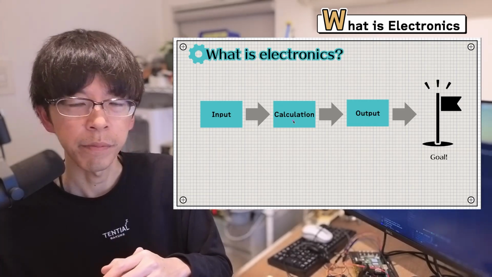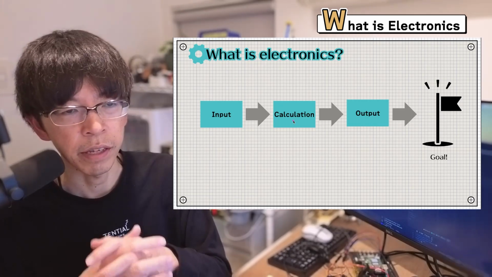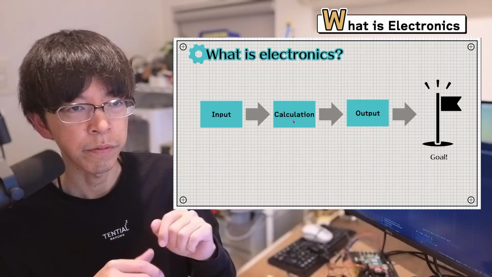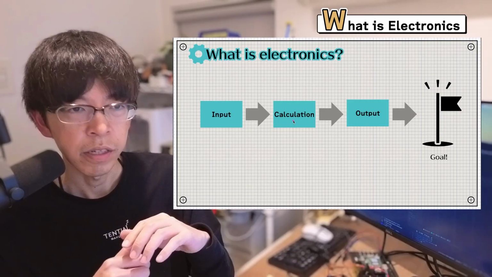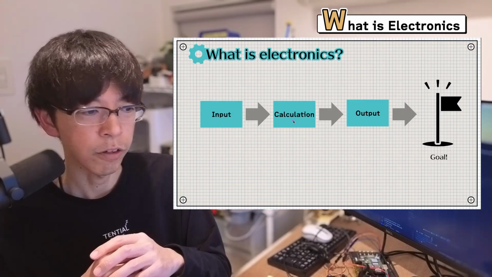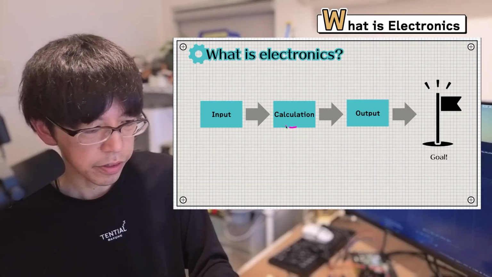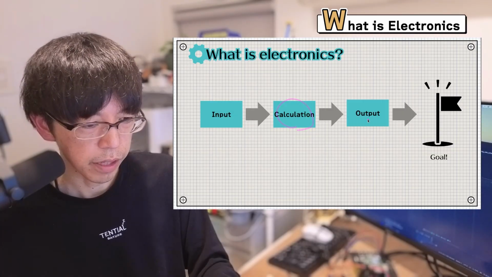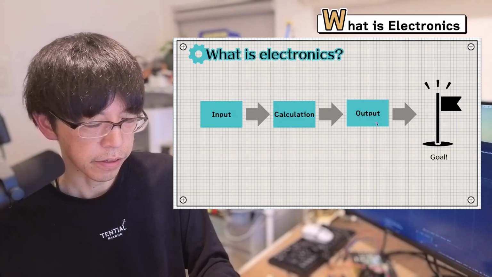There are very various calculations that exist, from very simple calculation to very difficult calculation that cannot be calculated by a human. And this is the next step, and then this is the third step.